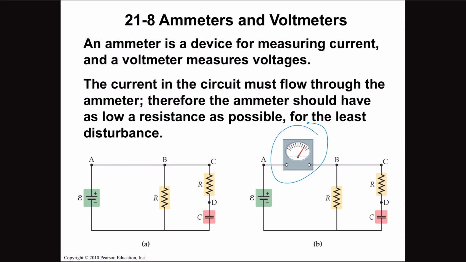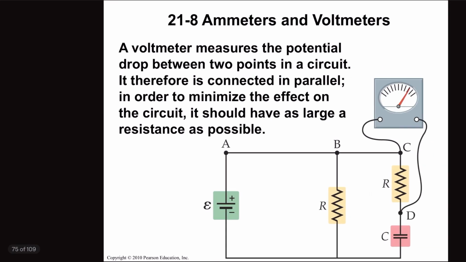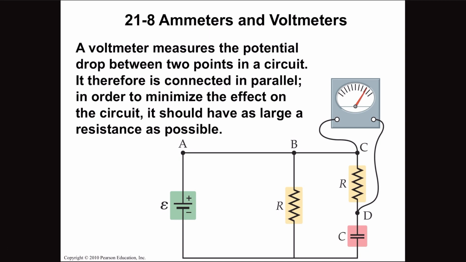That way it doesn't add much to the rest of the circuit it's in series with, because if it's in series and has resistance, it adds the resistance. So you want it to have tiny resistance so that it doesn't really affect the circuit. But again, this is not something you typically want to do. What you typically want to do is measure with a voltmeter and then use Ohm's law to calculate what the current would be. That tends to be the more often done practice, until you get really good at it and you're sure you're not going to blow up your ammeter.